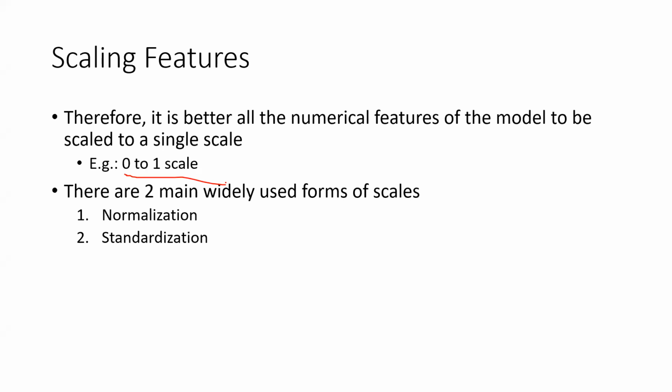For example, if the height of a person changes from 4 feet to 6 feet, and the weight from 40 kilograms to 120 kilograms, we want to make sure all of them lie between 0 and 1, right?